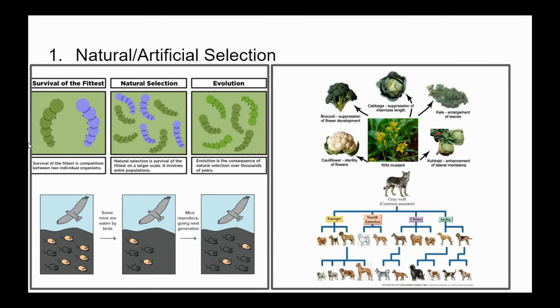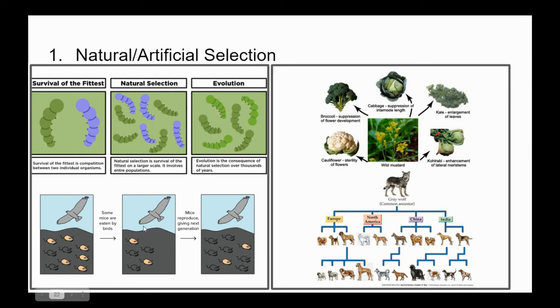So natural selection is basically that survival of the fittest kind of thing, right? If there are organisms within a population in the environment that have genes or characteristics that give them a better ability to survive, so survive from predators, or just survive their environment better, then they're more likely to pass on their genes.